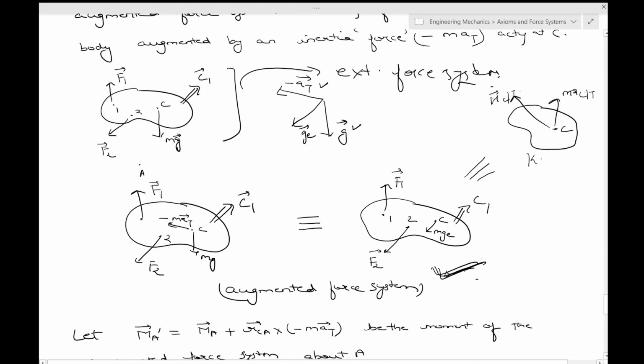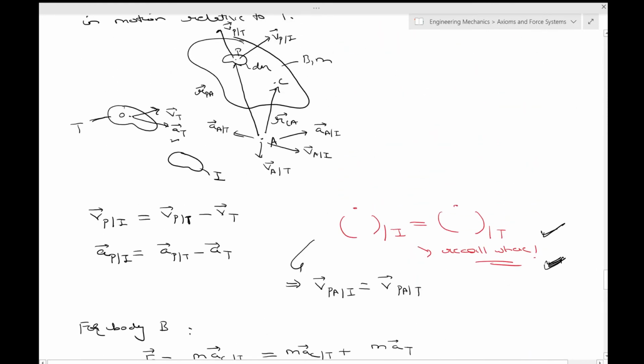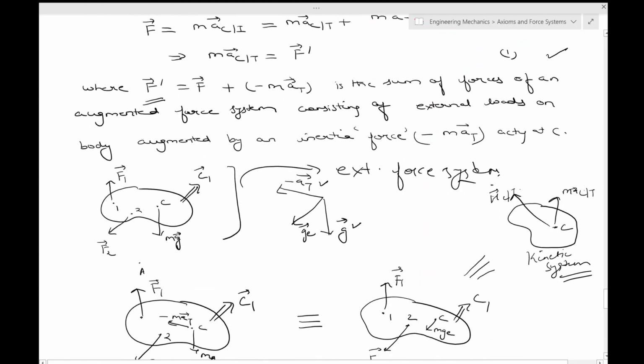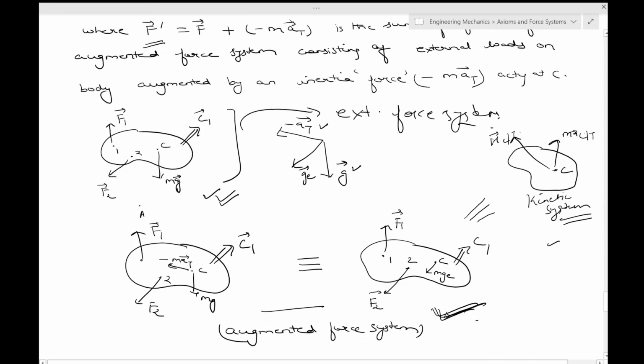This is the kinetic system for the same force system. So force system is this. Let's call this the external force system. You then have the augmented force system, and then this is the kinetic system, all representing the same external forces on the body.